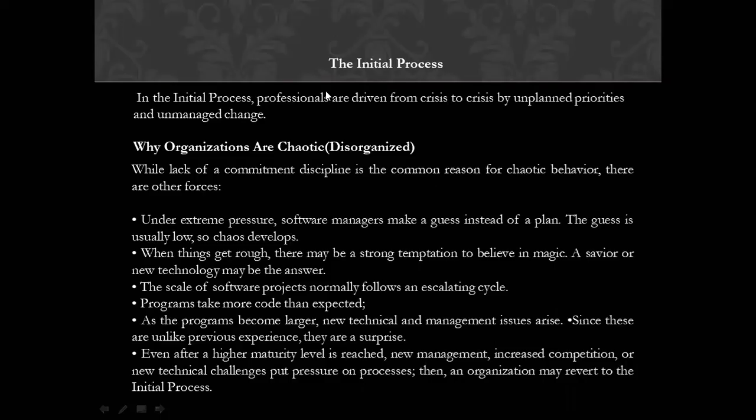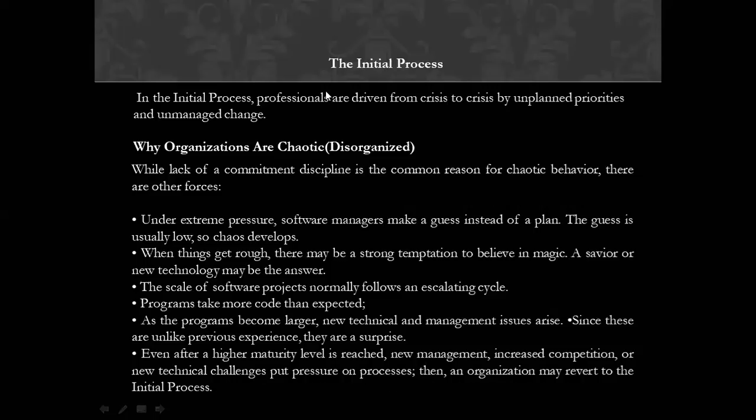Last one, I will not bore you with only text, so we'll just go through this last one. Even after a higher maturity level is reached, new management, increased competition, or new technical challenges put pressure on processes, then an organization may revert to the initial process. What is the meaning of this?